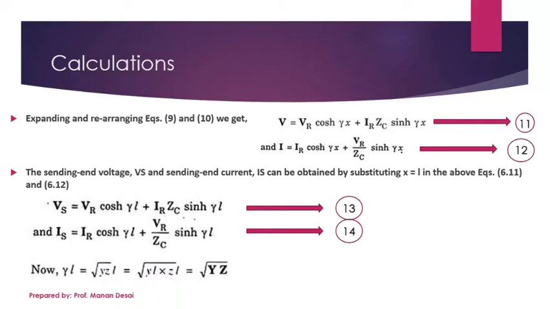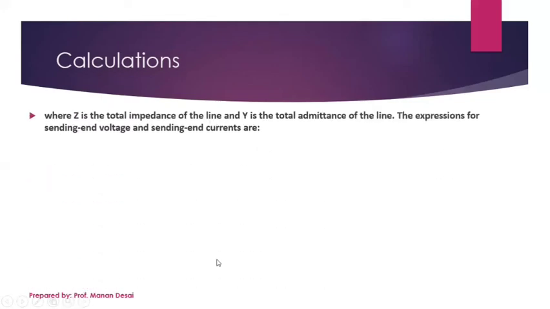Now gamma L is equal to under root YL into ZL, so ultimately under root big Y into big Z, where Z is the total impedance of the line and Y is the total admittance of the line.